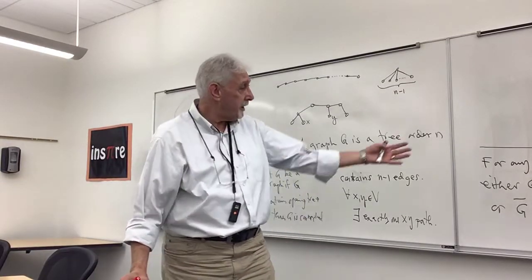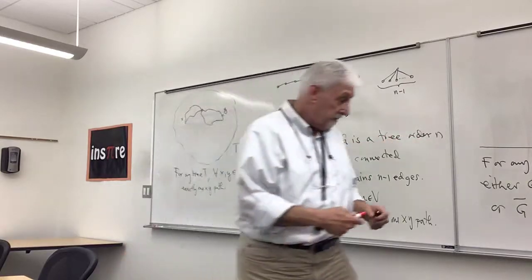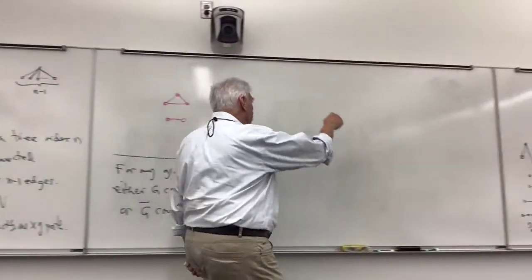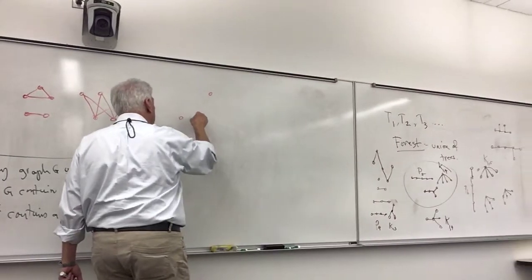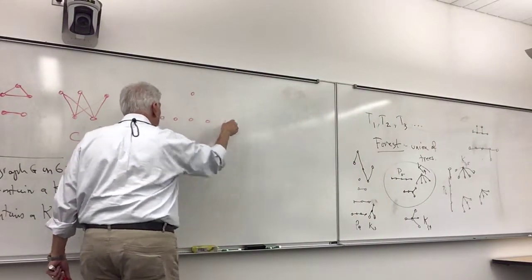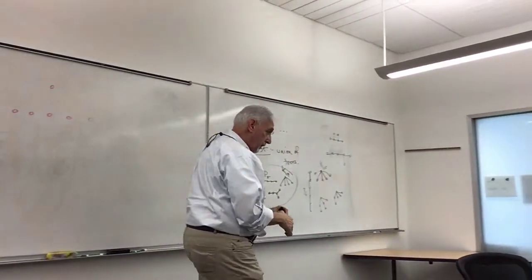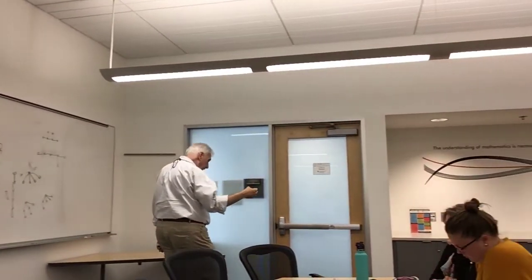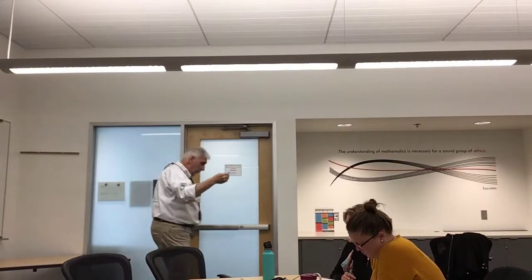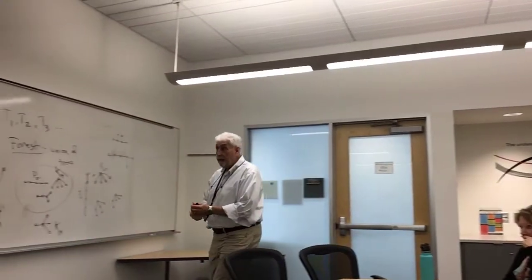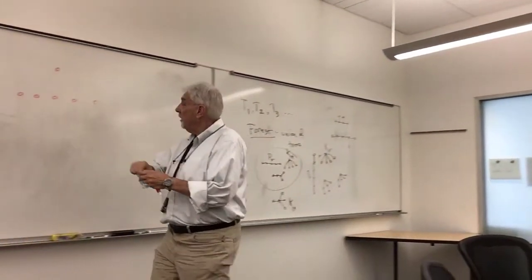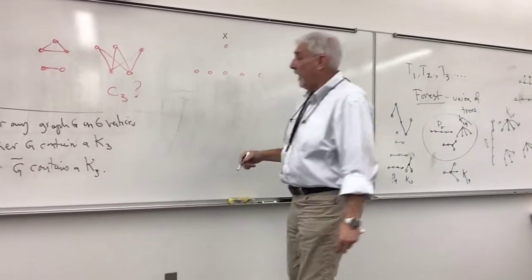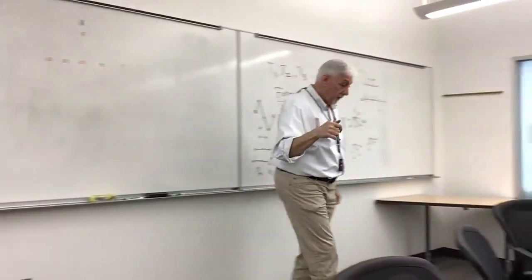Okay? What does this have to do with graphs? I'm going to choose any vertex x. In the complete graph, there's an edge from x to these 5 vertices.